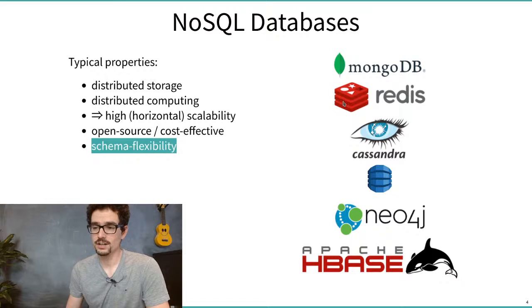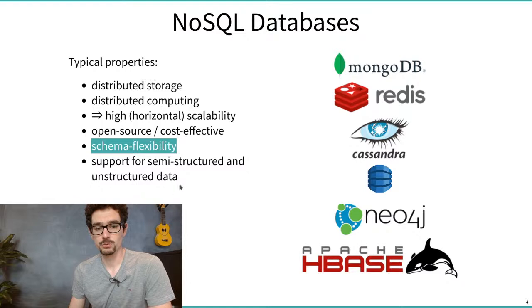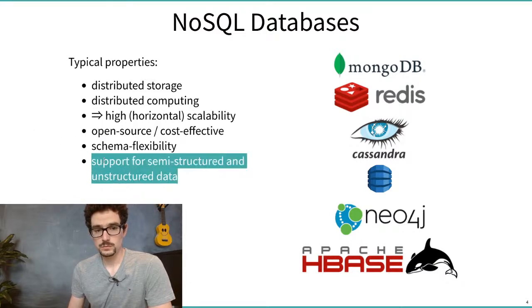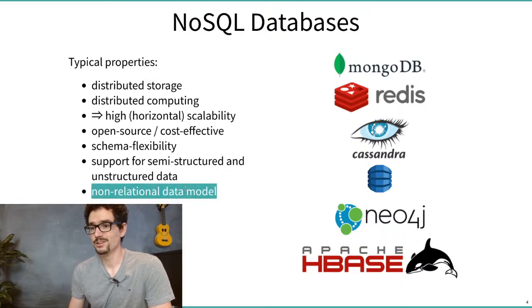In Redis you're kind of restricted in what you can model, but in MongoDB, we will see today, we can store arbitrary structured JSON documents.